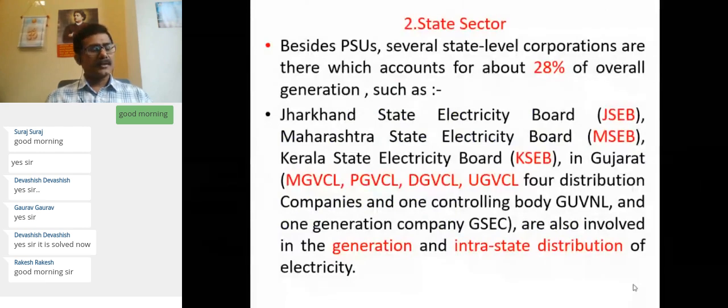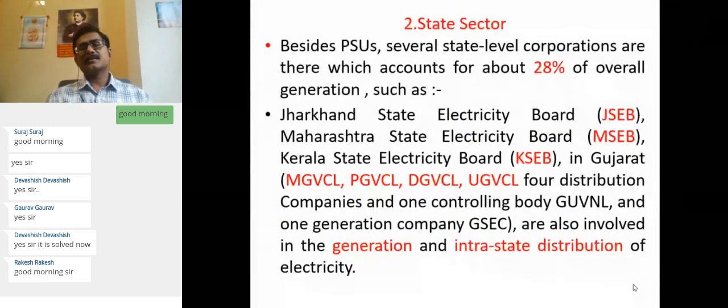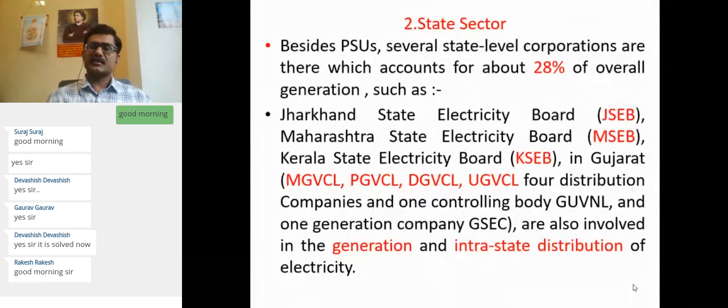We have seen that the central sector accounts for nearly 25% of the electricity, so this is slightly higher than that one. 28% of the overall energy is generated by the different state electricity boards, and the requirements of those particular states are satisfied by the state electricity boards.